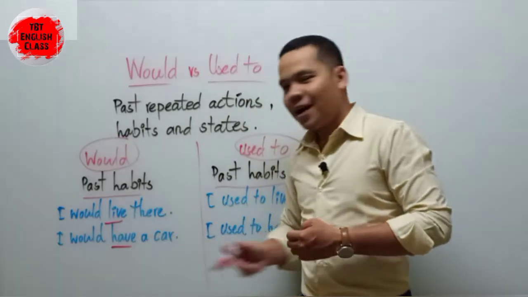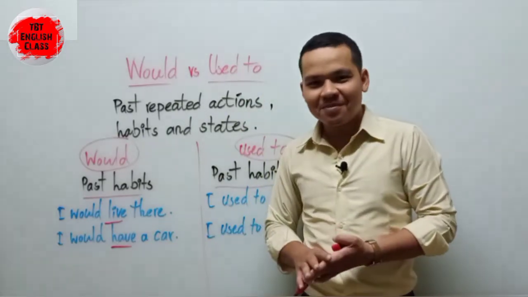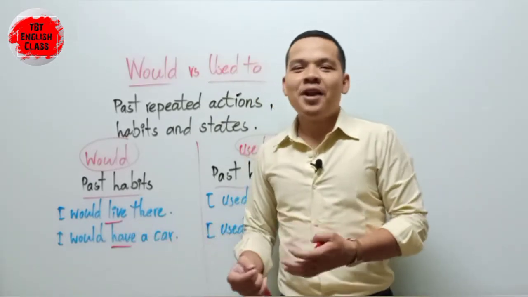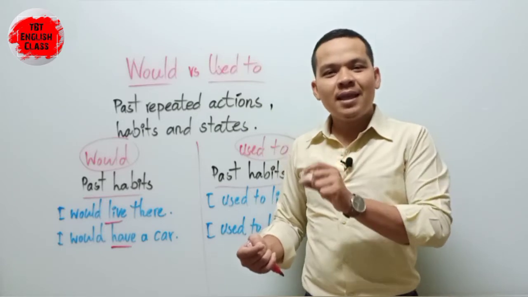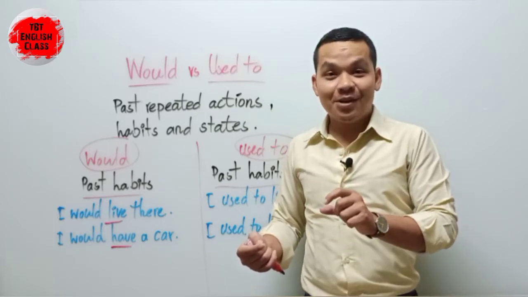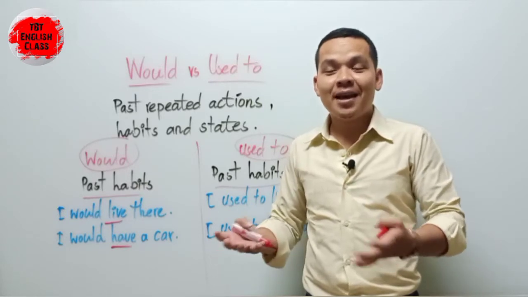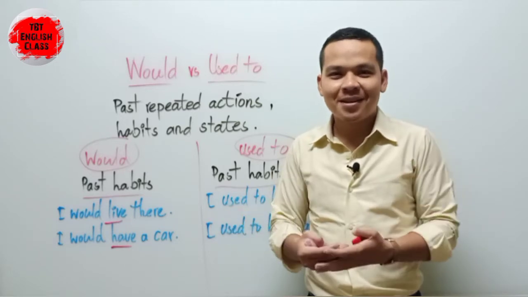I would have a car. So is have an action verb here? No, of course. But if you say I would have dinner with you, you can say that, because have here means have a meal: have breakfast, have lunch, have dinner.